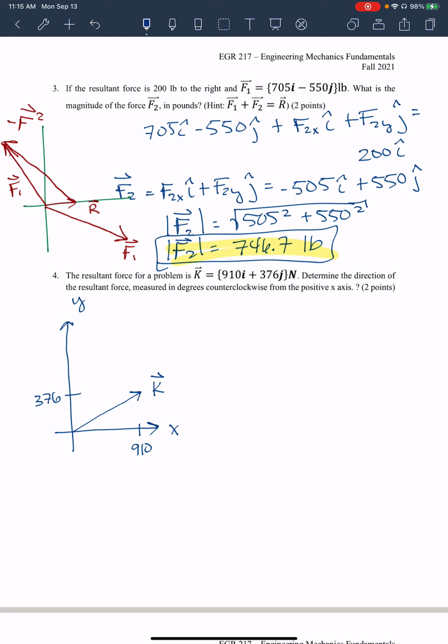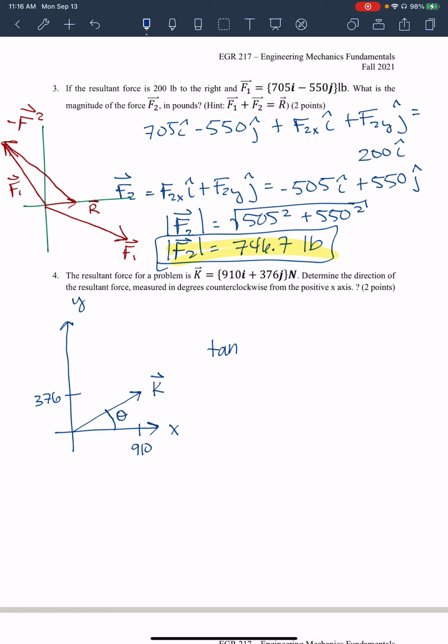They want us to find the direction of the resultant force measured in degrees counterclockwise. Counterclockwise goes in the opposite direction that the numbers on a clock go, so that would be in this direction from the positive x-axis. So we want to find that theta there.